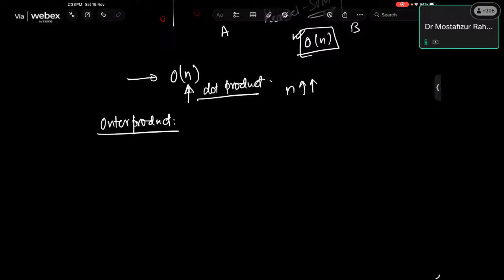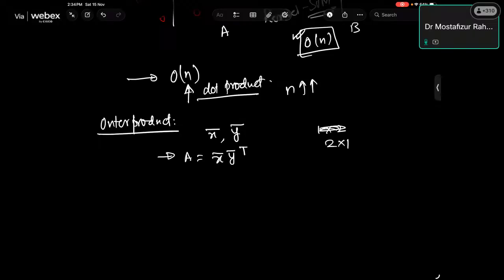To do the outer product, our input will be x bar and y bar. These are the two vectors, and we need to calculate some A that equals x bar y bar transpose. So it will be a matrix. Say, for example, one vector is 2 cross 1 and another is 1 cross 2.